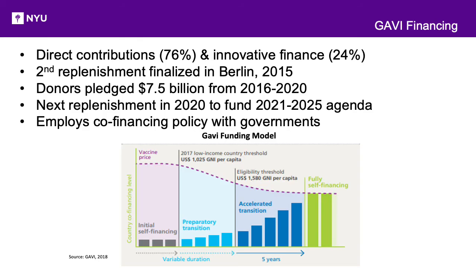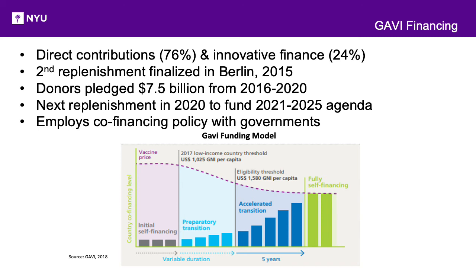Gavi is a public-private partnership that uses direct contributions, which is 76%, and an innovative financing mechanism, which is around 24%.